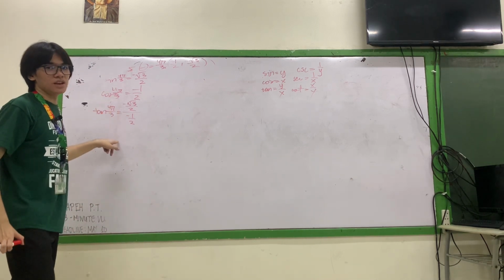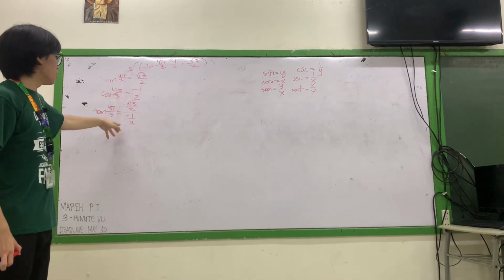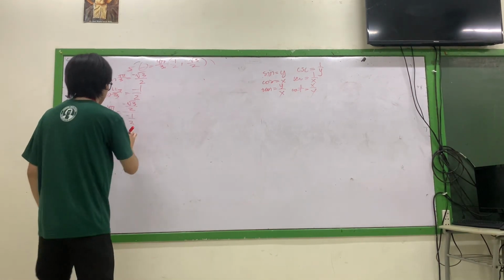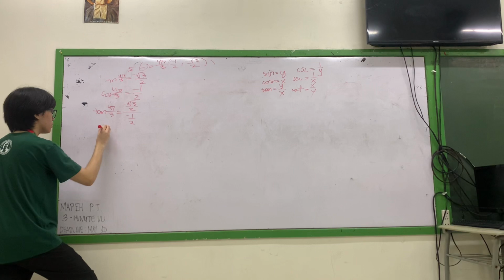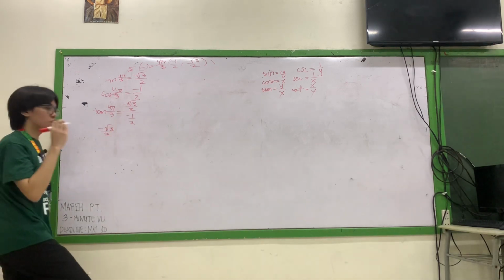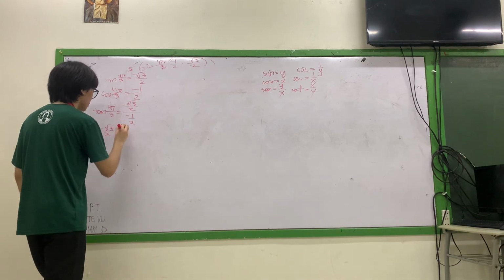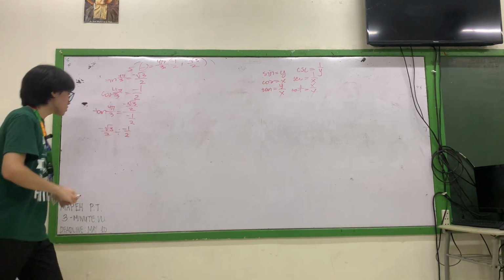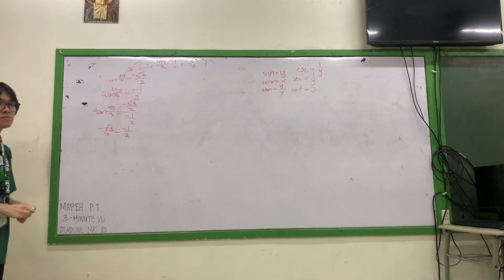Because this is a division of fractions, we can simply cross-multiply. For here, negative square root of 3, we copy the numerator, and then copy the denominator, negative 1 over 2. And then we cross-multiply.